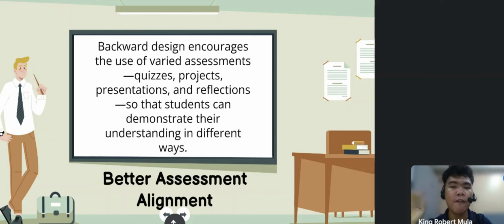For example, in our photosynthesis example, instead of relying solely on the final test, the teacher might include lab experiments, creative projects, or group discussions as part of the assessment strategy. This ensures that students have multiple opportunities to show what they learned in different contexts.